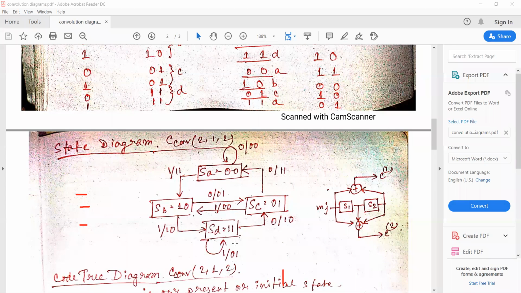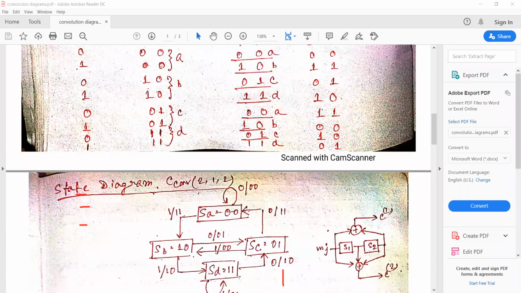So as from the table, you can see that I'm doing the same as I've described, that when 0, 0 will be 0, 0, that means when 0, 0 is the present state. So these are all the present states: 0, 0, 0, 1, 1, 0, and 1, 1. Okay. So this is SA equals to 0, 0, SB equals to 1, 0, SD equals to 1, 1, and SC equals to 0, 1. As I have already defined all the states as ABCD.